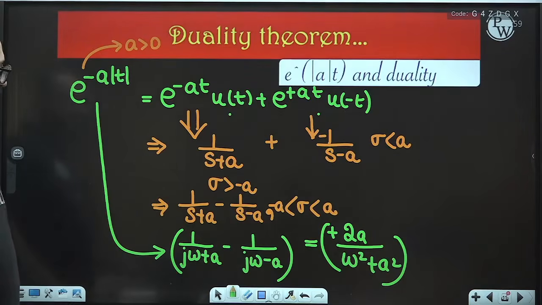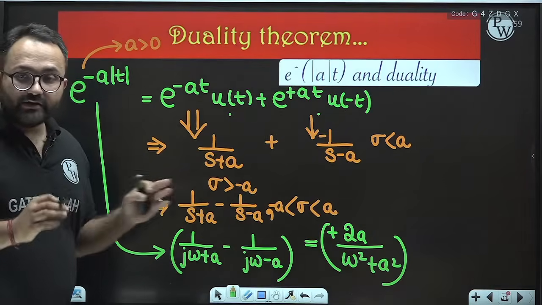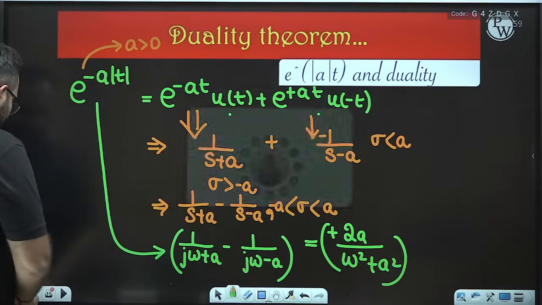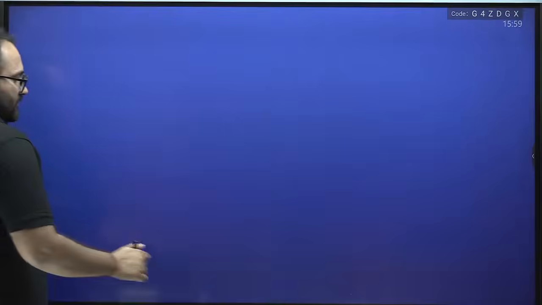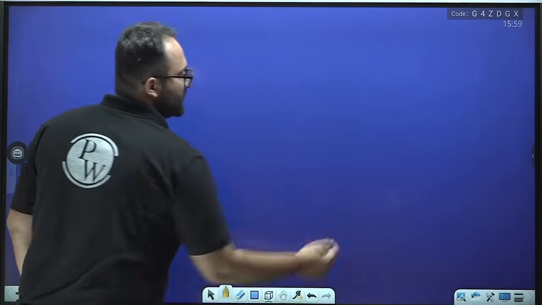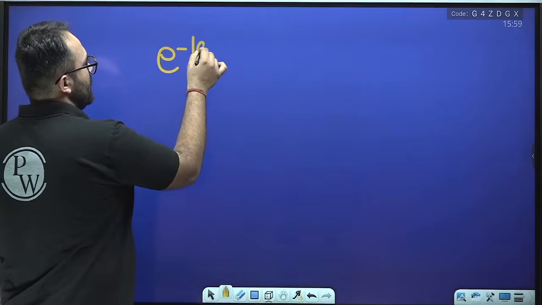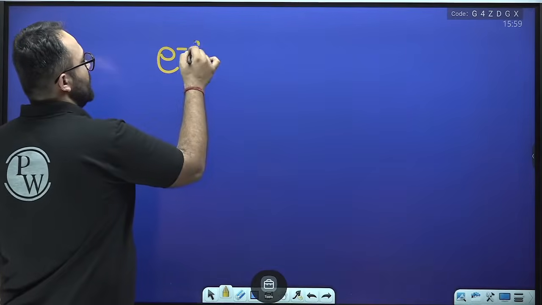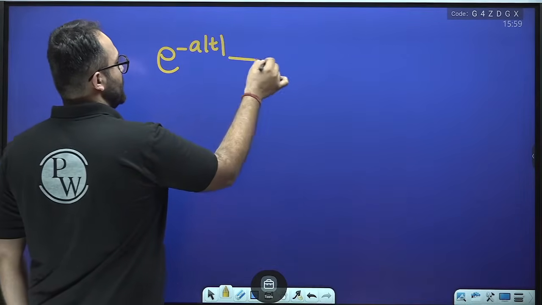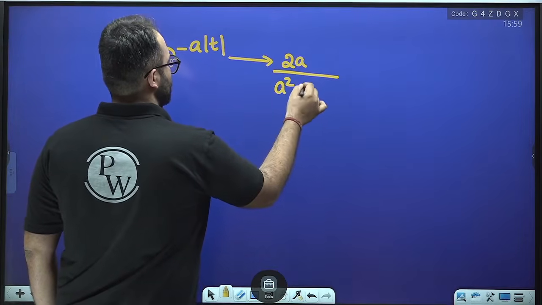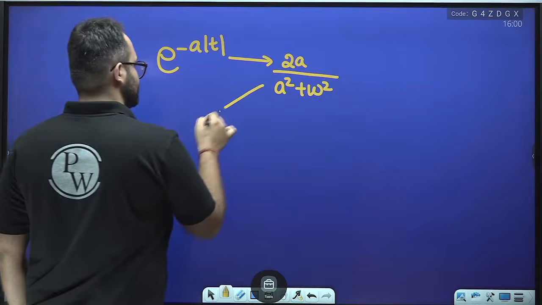So now let us apply the duality here and get one more very important result. The result is e to power minus a mod t has Fourier transform 2a upon a square plus omega square.